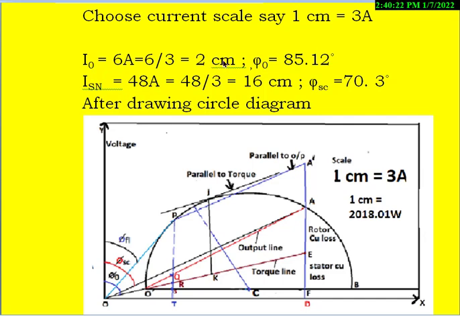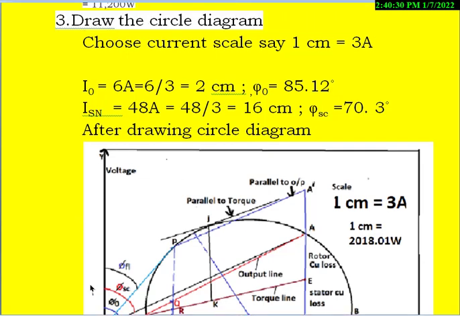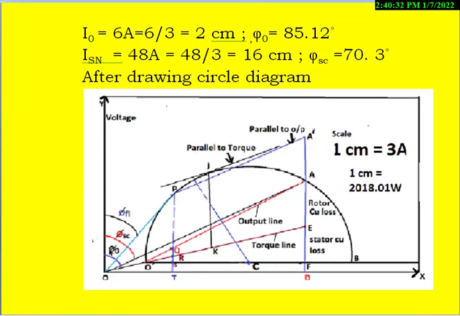So with the 2 centimeters length, draw a vector from O at an angle of 85.12 degrees with respect to the voltage axis like this, which we are showing here as phi naught. This is O, this is O dash. So O dash is nothing but I0, and the length of this O dash is 2 centimeters.